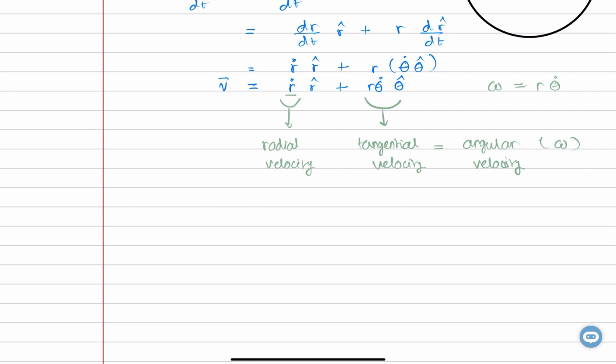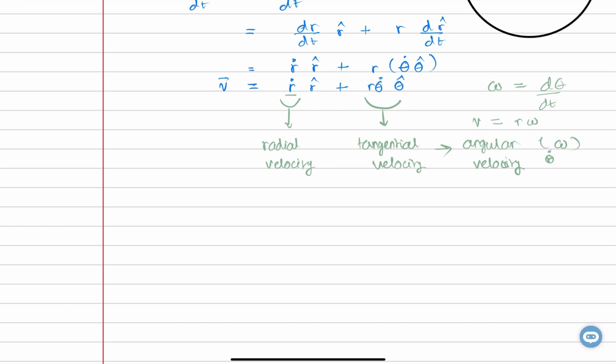Oh, sorry. Omega is just d theta/dt, and if we want the velocity of the particle in circular motion, then it becomes r omega, right? So the theta dot component, angular velocity, is the driving factor behind how the tangential velocity is behaving. So this angular velocity is known as theta dot, right?